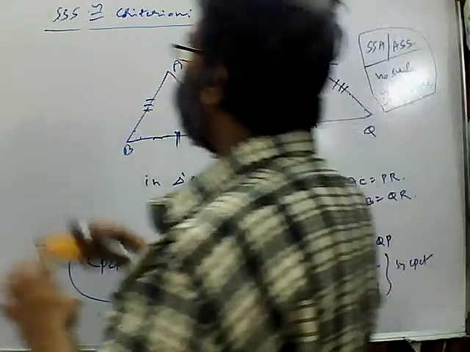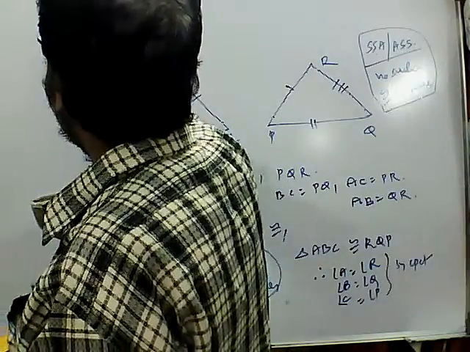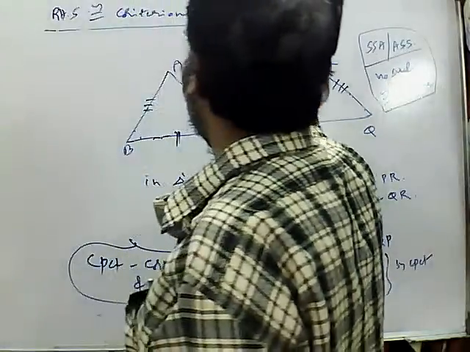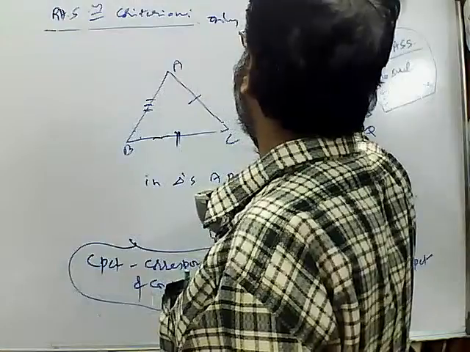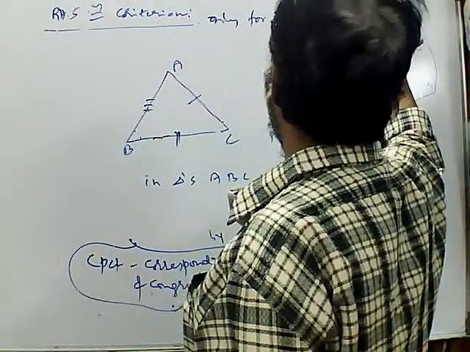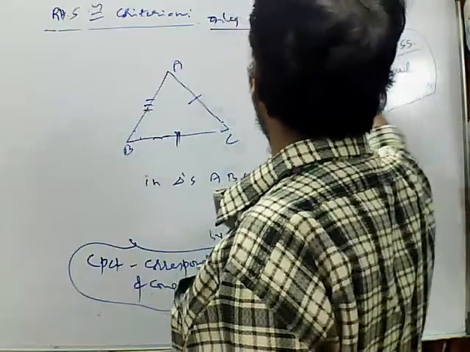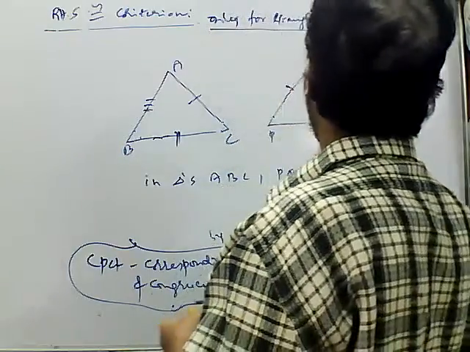Yes, noted? So this is exclusively for right angle triangles, RHS criteria. This is only for right angle triangles. So I will take only right angle triangles now.